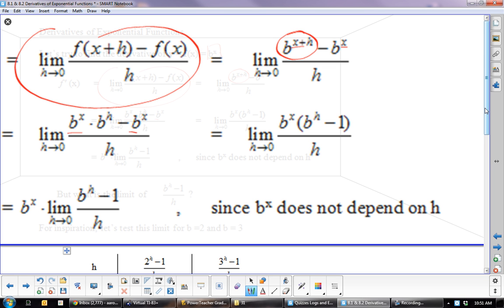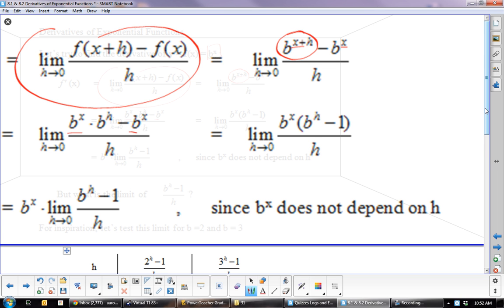And because b to the x has nothing to do with h, we can bring that right out front. So the limit now becomes b to the h minus 1 over h. And if you put in 0, you're still going to get undefined.